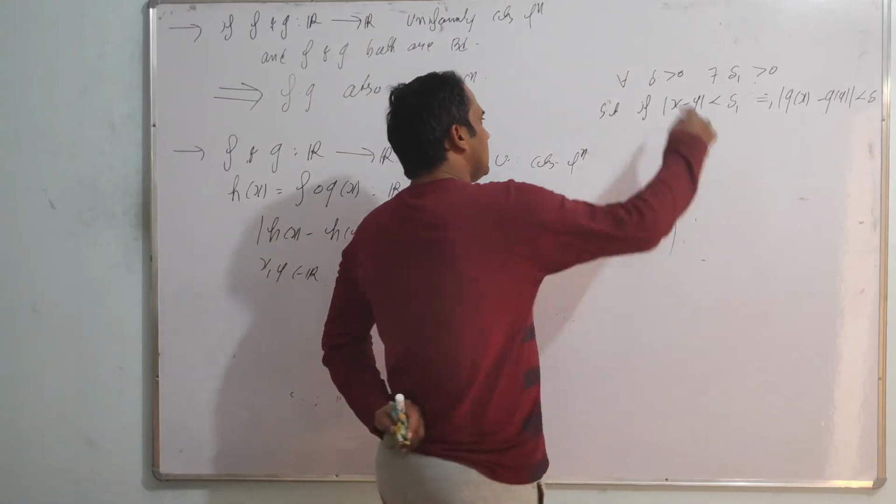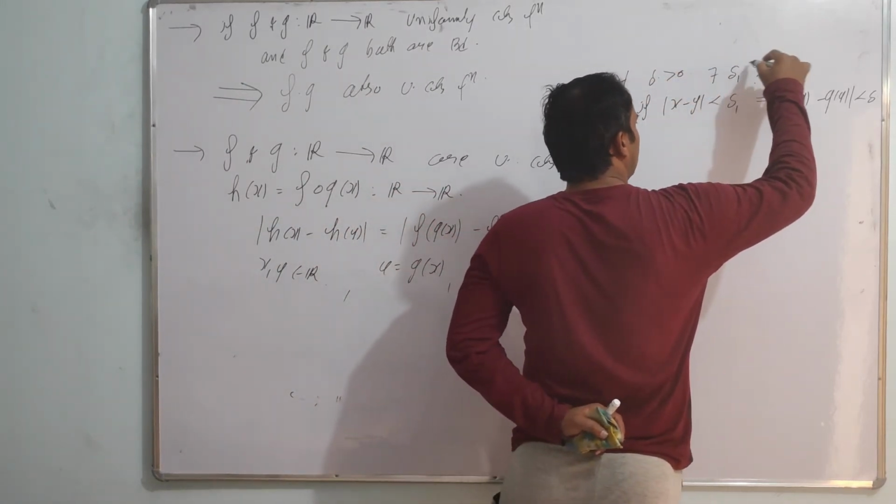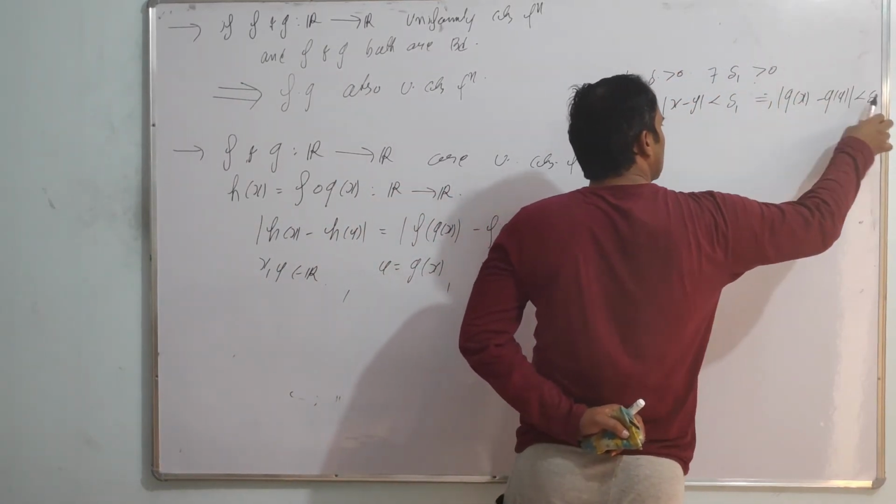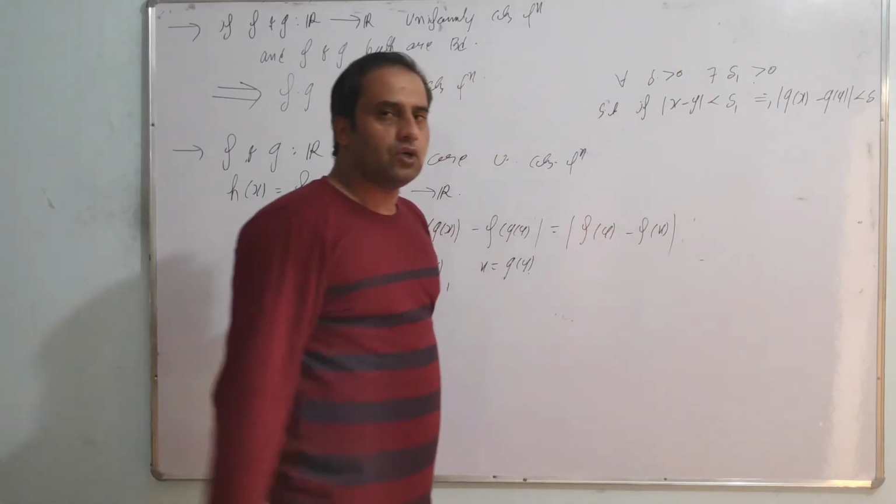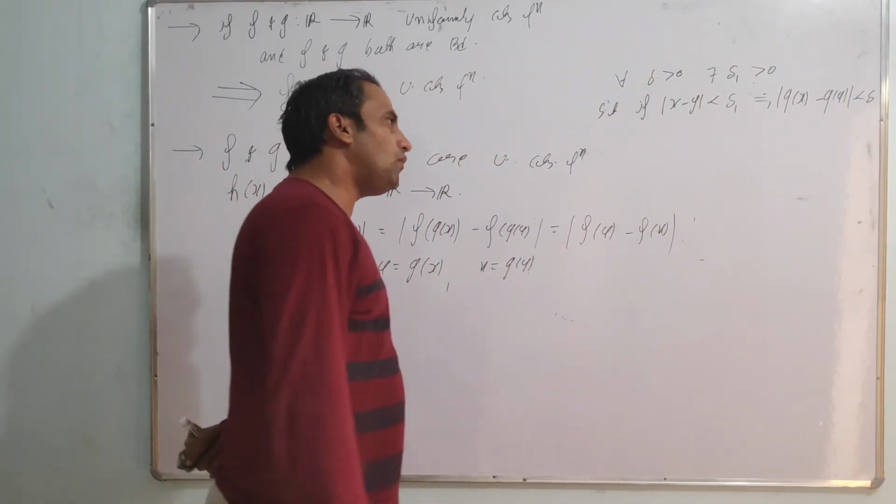So for any delta greater than 0, there is a delta 1 greater than 0 such that this is true. Now f is also uniformly continuous.